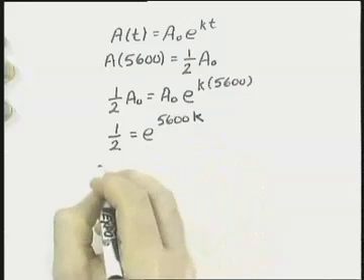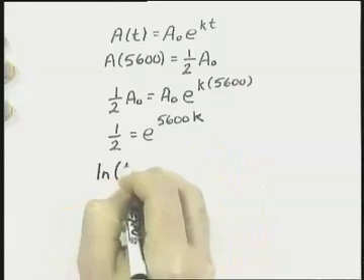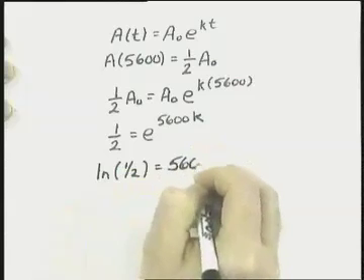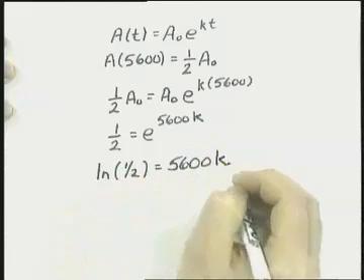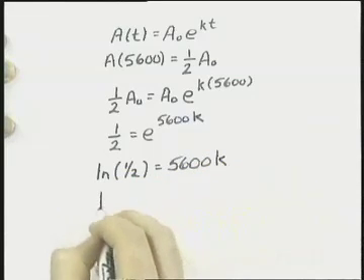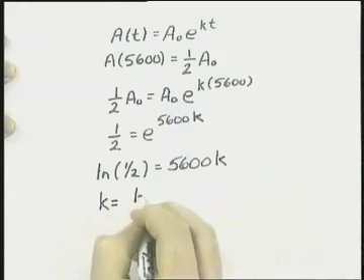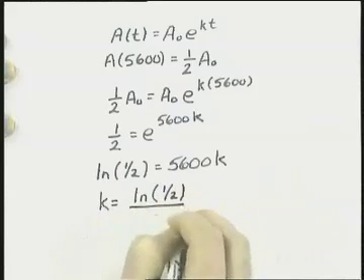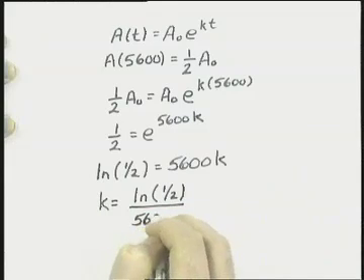Rewriting this expression as a log, I get the natural log of 1/2 equals 5,600 times k. Divide both sides by 5,600, and I get that k equals the natural log of 1/2 divided by 5,600.